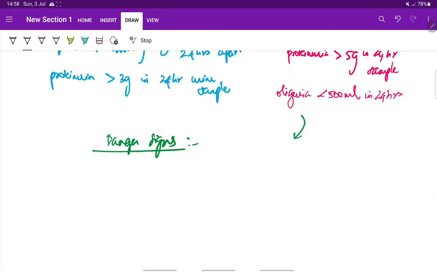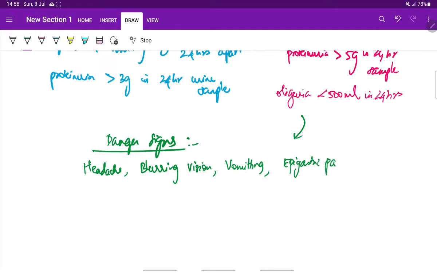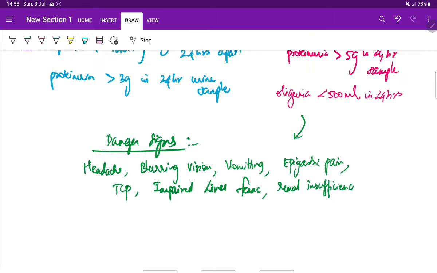The danger signs include persistent maternal headache, blurring of vision, vomiting, epigastric pain, thrombocytopenia, impaired liver function, renal insufficiency, pulmonary edema, intrauterine growth restriction.